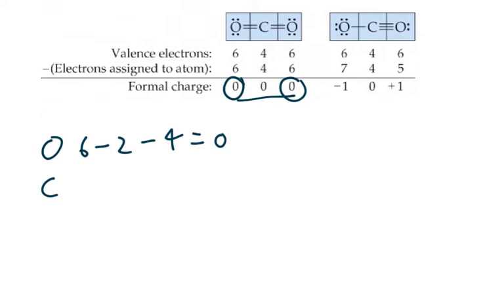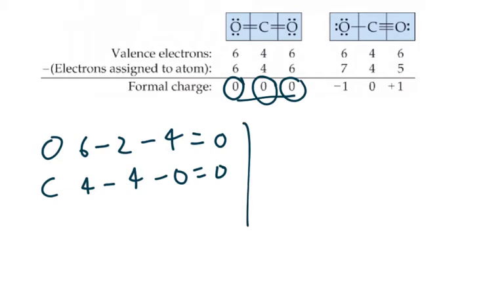The carbon in the middle has a valence of 4. There are 4 sticks around the carbon, so 4 minus 4, and there are 0 dots around the carbon. When you add that up, it's 0. Notice there's no charge here. The sum of the formal charges is 0 because this is a neutral compound.